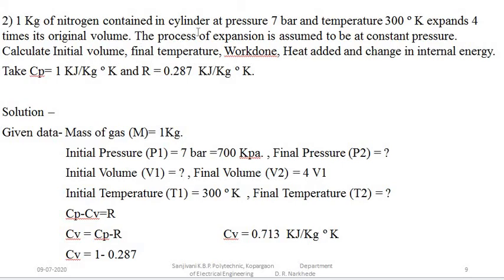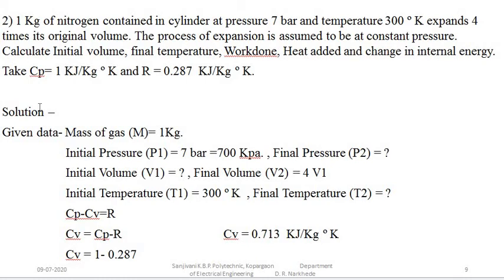The process of expansion is assumed to be at constant pressure. Calculate initial volume, final temperature, work done, heat added, and change in internal energy. Take Cp is equal to 1 kilojoule per kg degree Kelvin and capital R is equal to 0.287 kilojoule per kg degree Kelvin. Now solution.